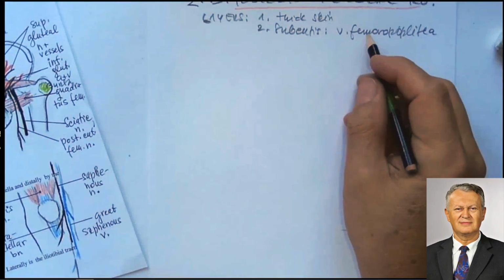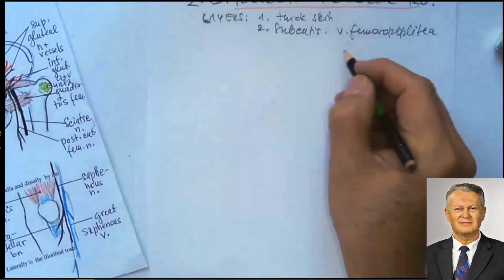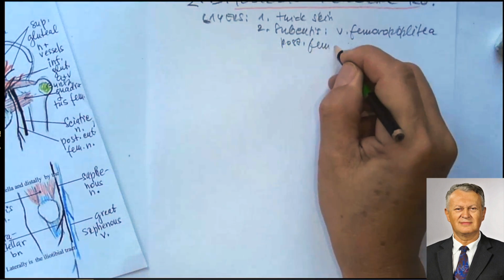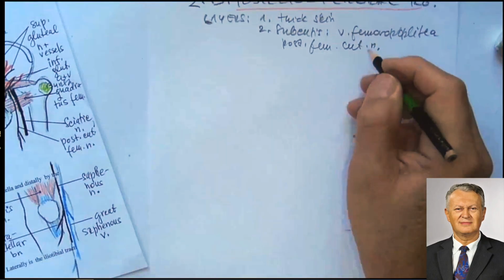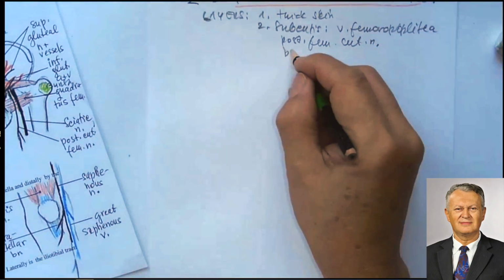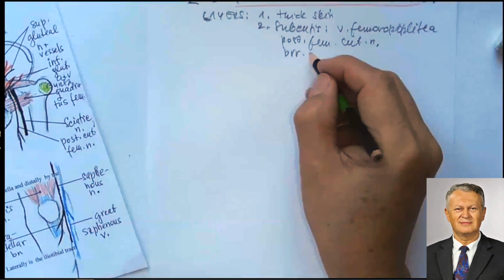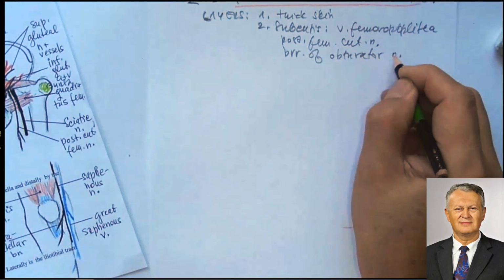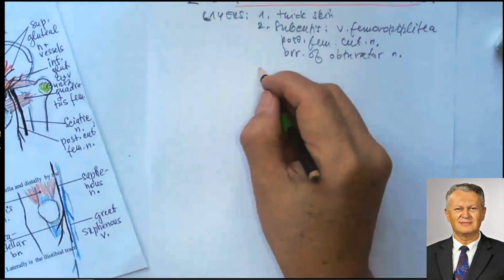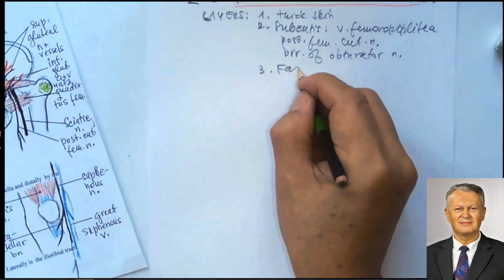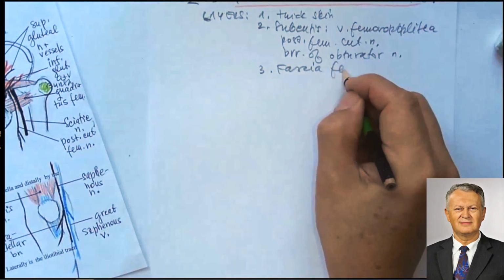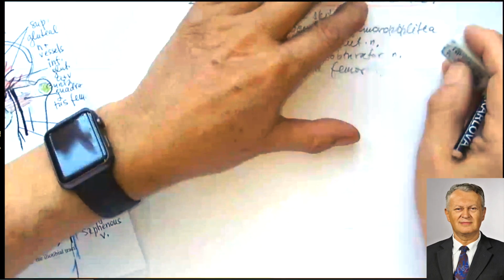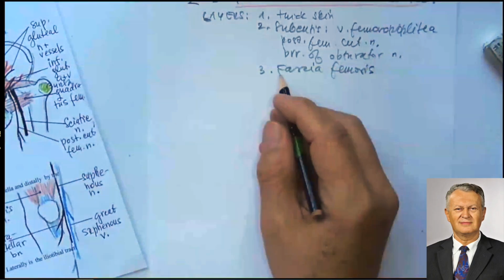Then posterior femoral cutaneous nerve branches, and also branches of the obturator nerve, but mainly medially. Then number three is the fascia femoris, femoral fascia, femoris, not femoralis, femoris.